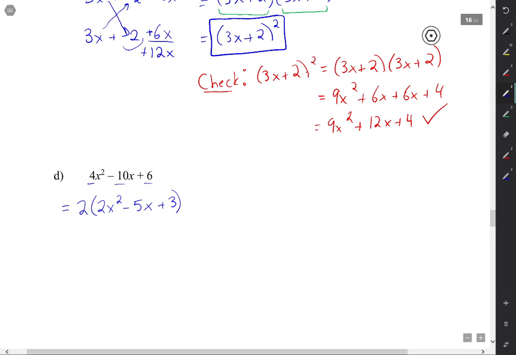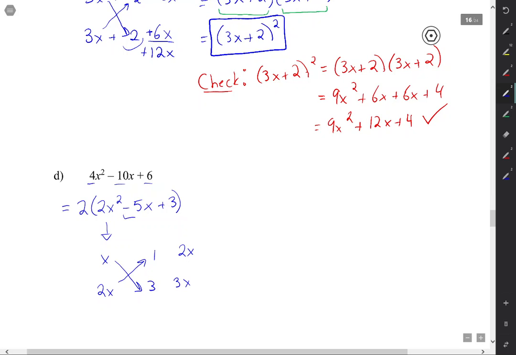So now let's crisscross this here. 2x squared, well, we can only do x times 2x. That would give us 2x squared. And for the 3, we can only do 1 times 3. So then we have 2x times 1, which is 2x, and we have x times 3, which is 3x, and I need negative 5 in the middle there.